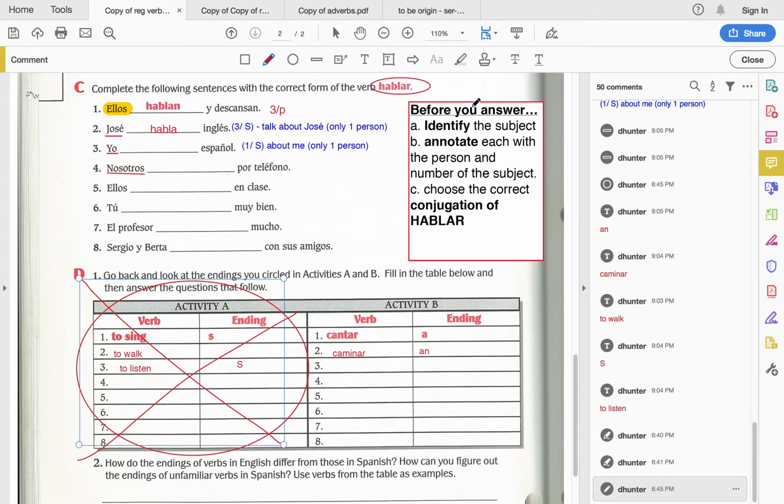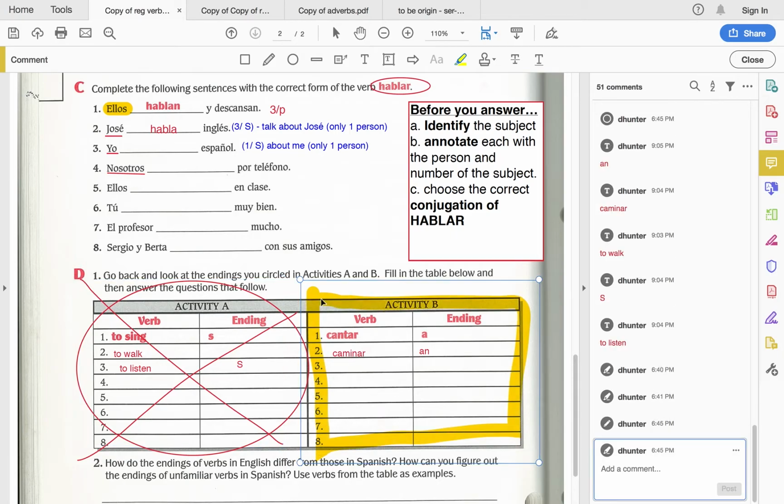What is for sure required, and what I am looking for from all of us, is that we all cover these here. Make sure you run through activity B because in Spanish, every verb has a verb ending. Make sure you highlight which verb endings are included.